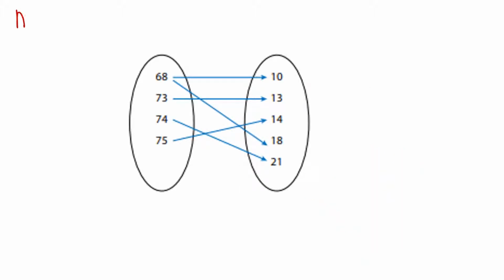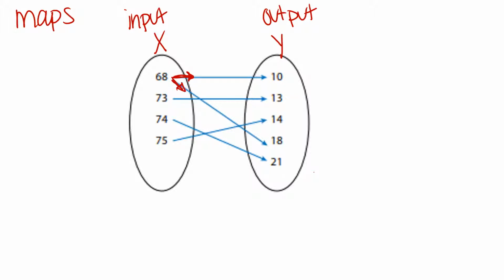Now, these are called maps. When you have a map, the x value, the input, is listed first. The y value, the output, is listed second. So here you can see that 68 has a line going to the right and it has a line going down. That means 68 is being used 2 times.